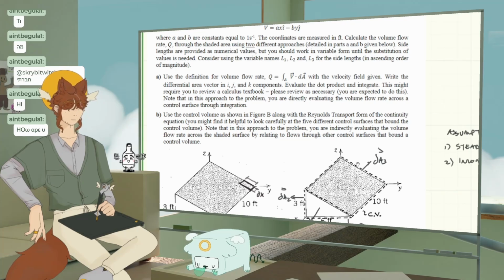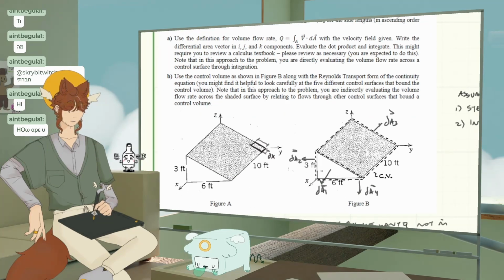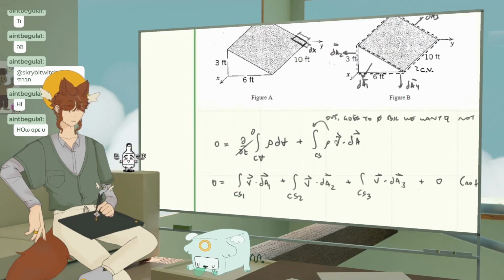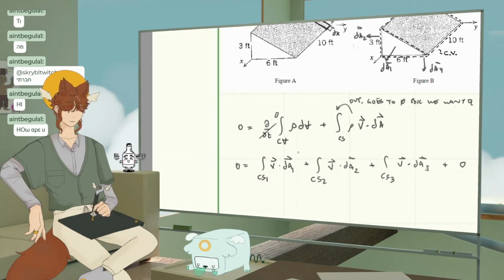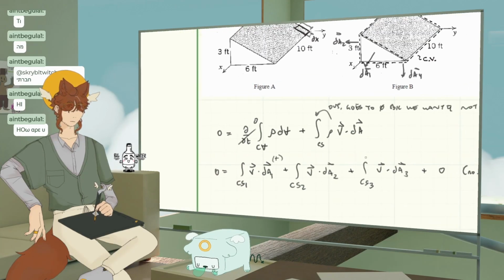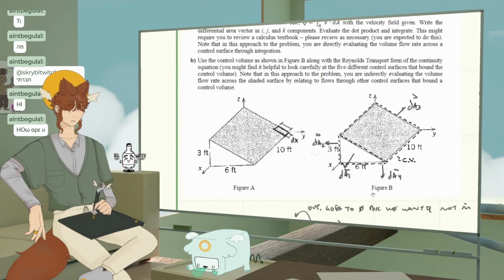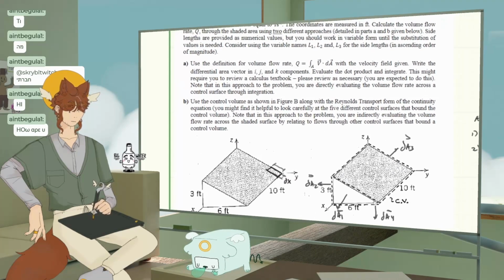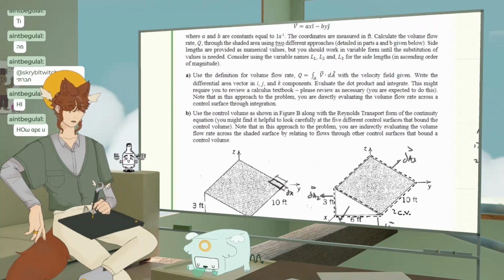So AXI looks something like a constant in the I direction, right? Control surface 1, this is going to be a positive value. Control surface 3, this is going to be a negative value. And control surface 2 is going in the negative y.